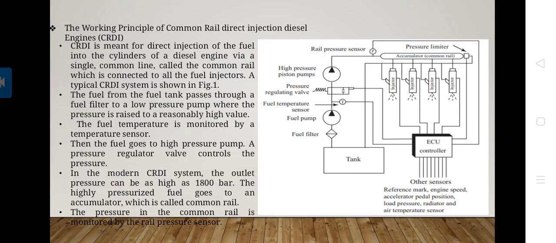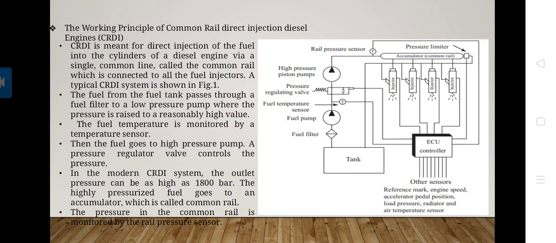The fuel goes through the high pressure piston pump to the accumulator, the common rail, situated here. Then high pressure fuel goes to the injectors, and all of these are controlled by the ECU controller, to which the sensors give information.